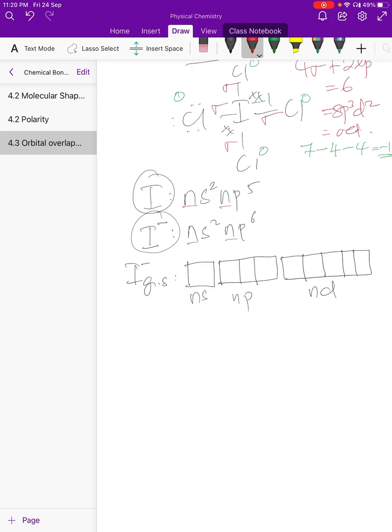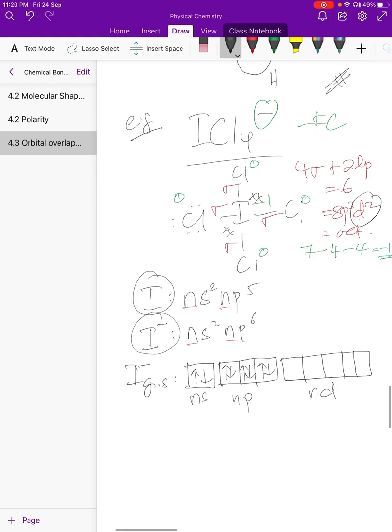I think iodine is in period 5 or period 6, something like that, period 5 if I'm not mistaken. So this is 2, 1, 2. This is 1, 2, 3, 4, 5, 6. Okay. Now, please take note, we need to have electrons in the d orbital as well.